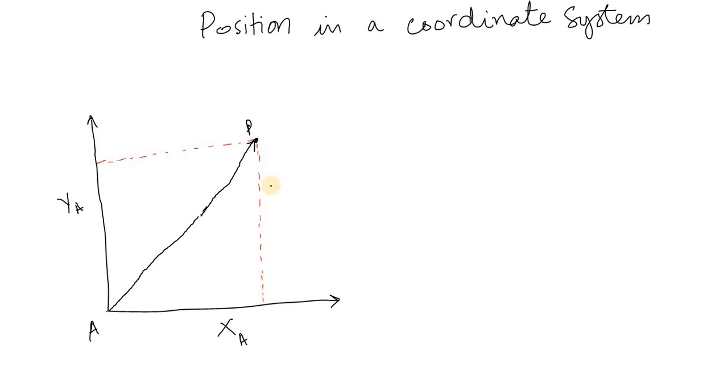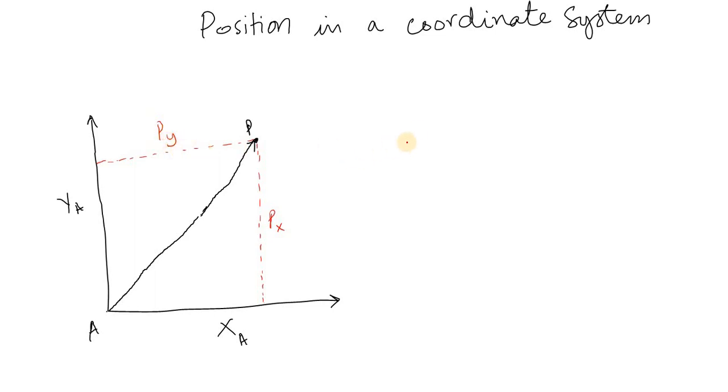And similarly, if you shine a light from top to bottom, you will see a shadow from here to here, a shadow of this vector P. This is equivalent to this dotted red line. So these are the x and y components of this point. We call them Px and Py.